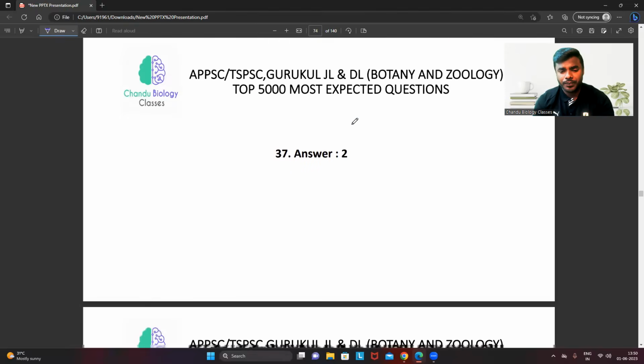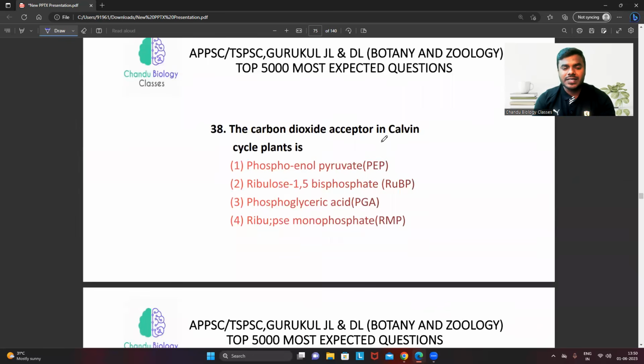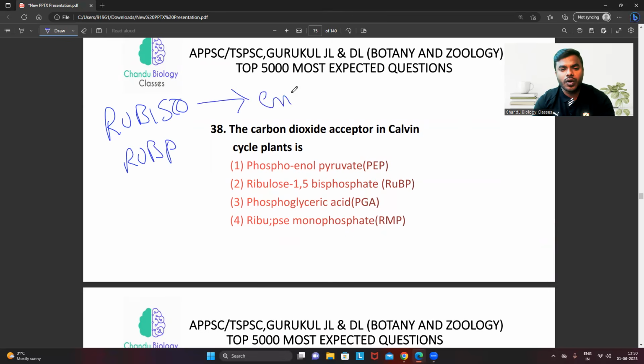Easy to remember: the carbon dioxide acceptor of the Calvin cycle. Most of the students will get confused between Rubisco and RUBP. Remember my words correctly without confusion. Rubisco is an enzyme.